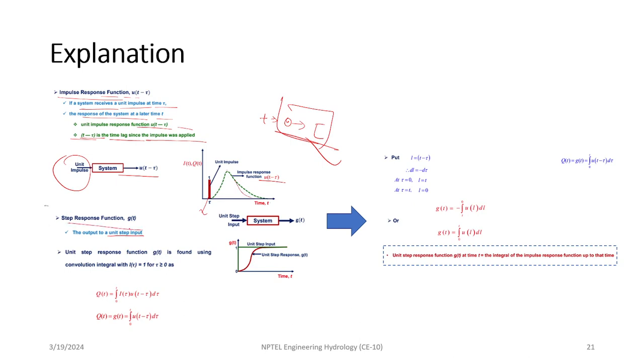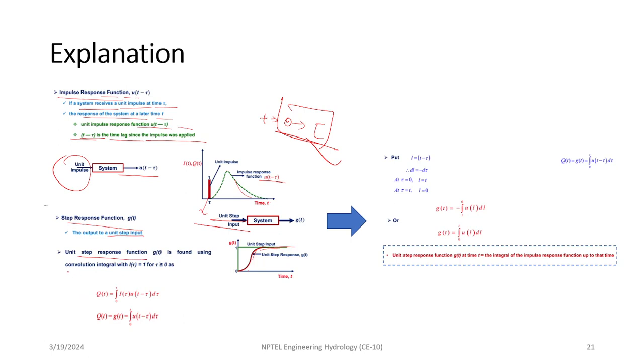Coming to the step response function, it is derived when we give a unit step input. We give the unit step, and then we take it cumulatively, integrating it, adding it up, and we get the unit step response function.